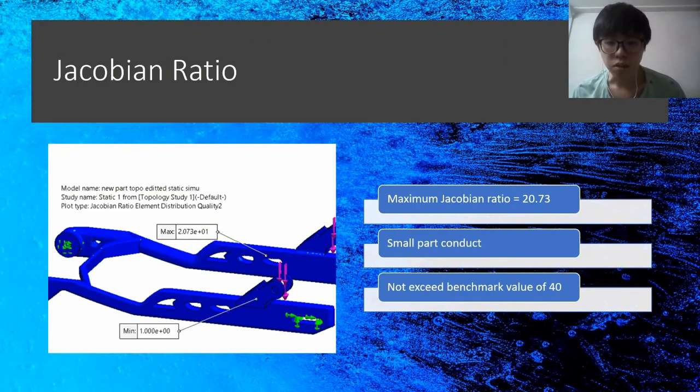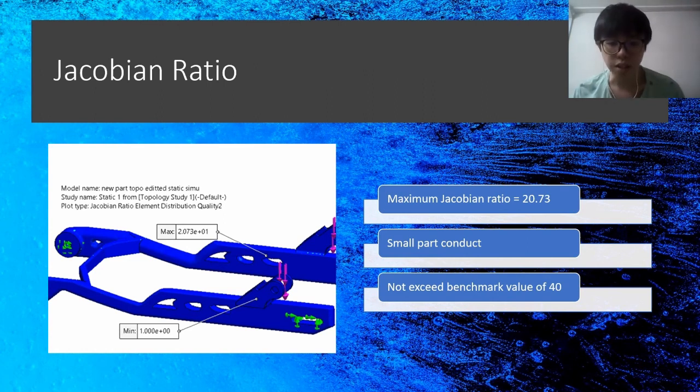After drawing in SolidWorks, the Jacobian ratio has been used to measure the mesh quality of the swing arm. The Jacobian ratio of the original and after topology optimization swing arm is below 10, which means it has good mesh quality.